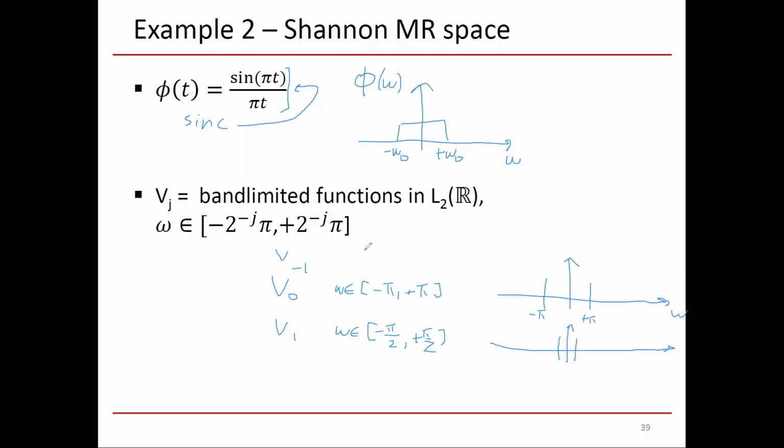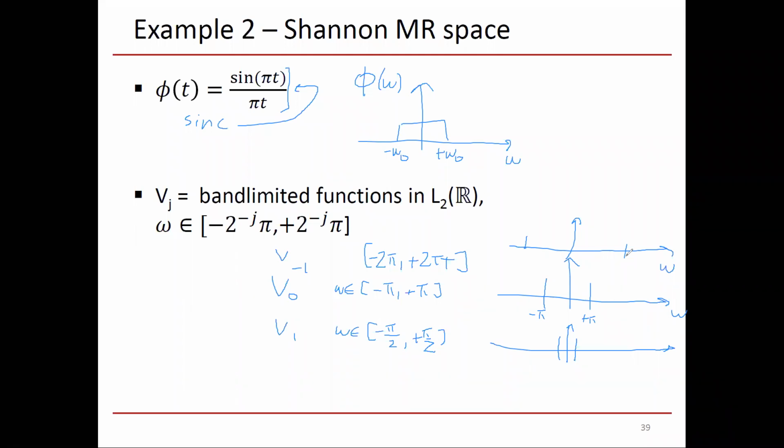Now the frequency range is between -2 pi and plus 2 pi. And we have the wider range. So as we go to Vj's with small j, j going to negative infinity, we span more and more frequencies. We cover all functions. And as we, on the other hand, move to large j's, we span a minimal frequency range. And in the limit, we don't span anything, right?